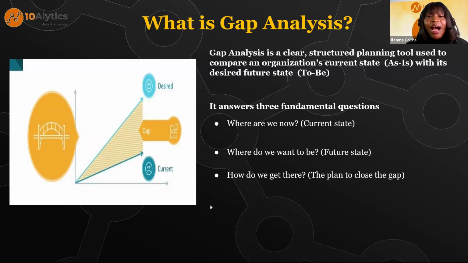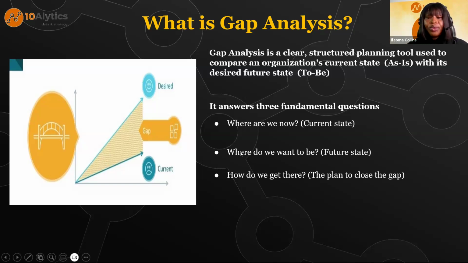And it also asks, how do we get there? That is this gap here. How do we close it? What is the plan to close this gap? So as a business analyst, you get drafted on the project to engage stakeholders, understand their pain points so that you're able to proffer solutions and have an action plan or a roadmap that closes this gap.